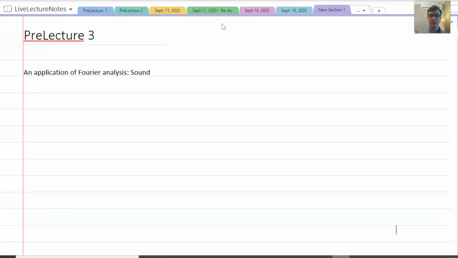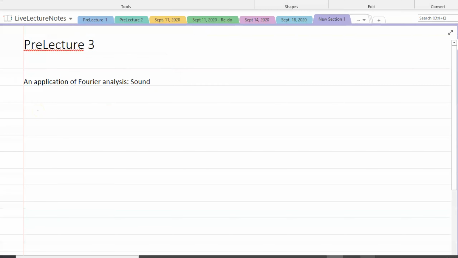Now, let's make a little bit of a correspondence between what exactly we're hearing and the frequency and the amplitude of the wave. All right, so when it comes to sound, the frequency of the sound corresponds to the pitch. So a high-pitched sound has a high frequency.